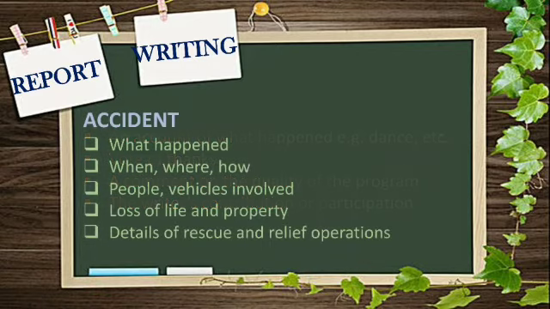But if the reporter writes the report of an accident, then he will mention first of all what happened, then when, where and how, then people or the vehicles involved in that accident, then loss of life and property, and after that details of rescue and relief operations.